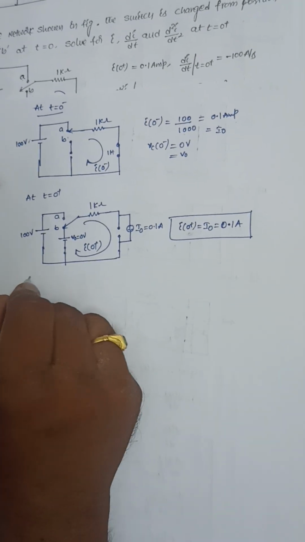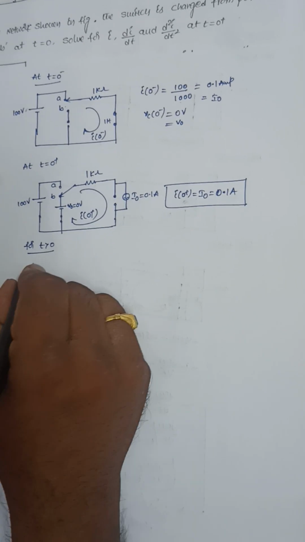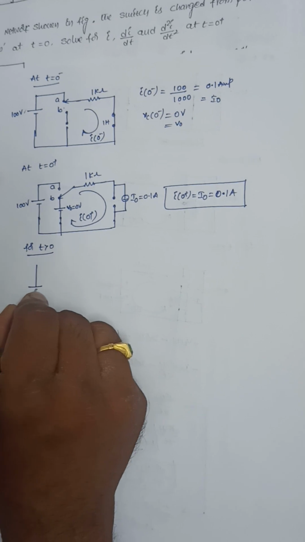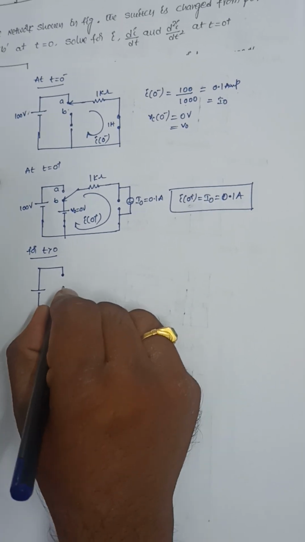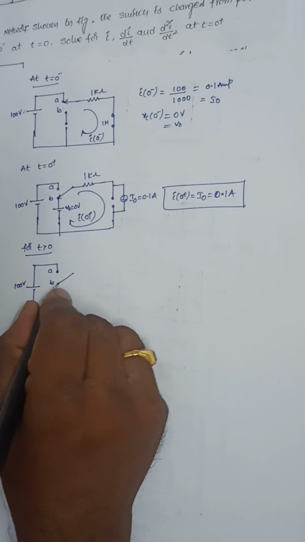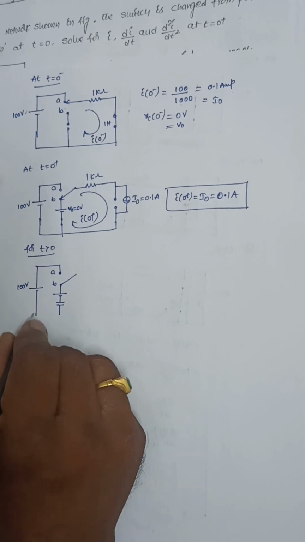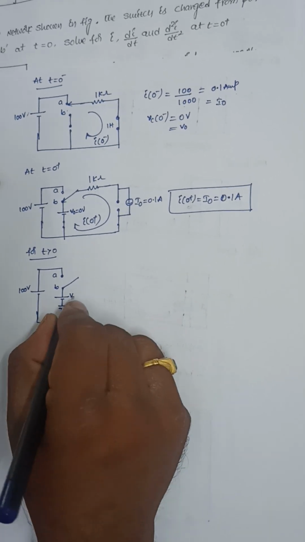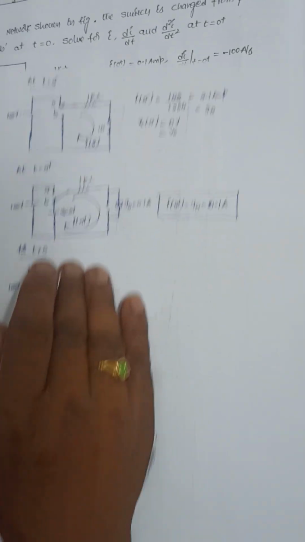Next, for t greater than 0, the same circuit, draw the circuit. The switch is at position B, it is 100 volts, and the capacitance is replaced with V0 equal to 0 volts and capacitance value 0.1 microfarad.